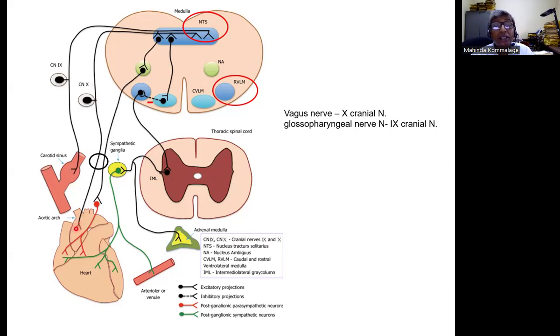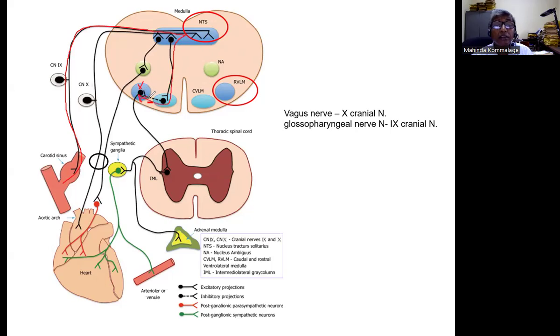They will send information through NTS to the RVLM, basically this pathway. So it gets impulse from the carotid sinus receptor to the NTS, and then through NTS it goes on.